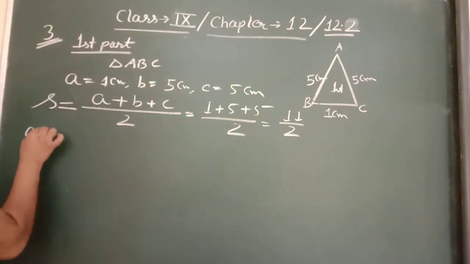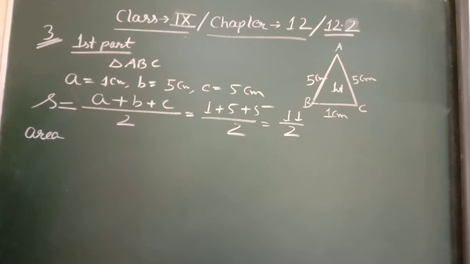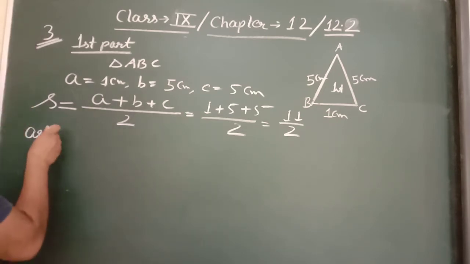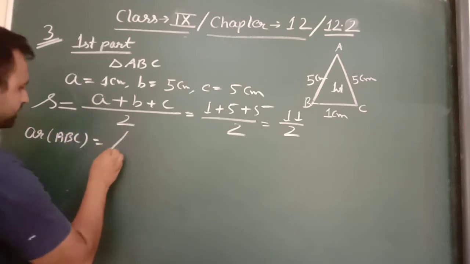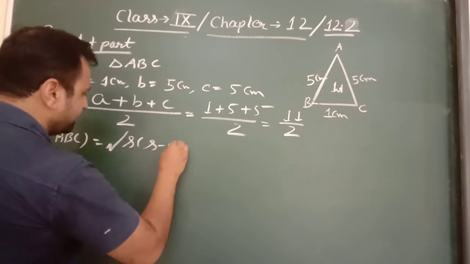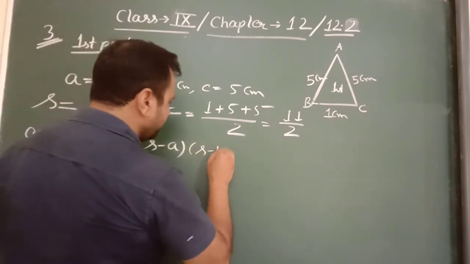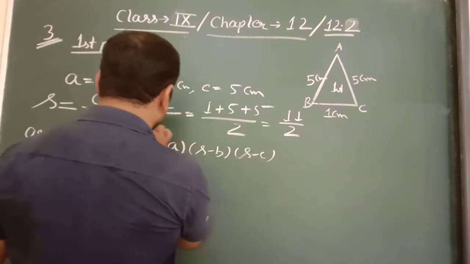Now we calculate its area. We use Heron's formula, so area of ABC is equal to the square root of S minus a, S minus b and S minus c.